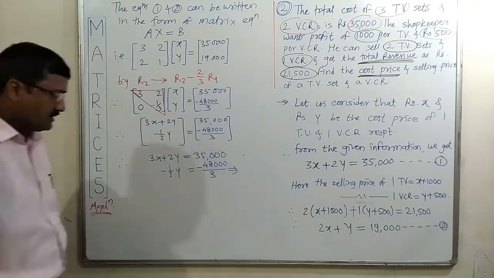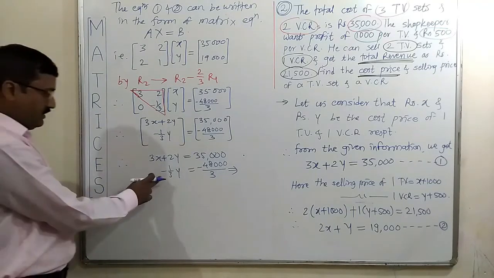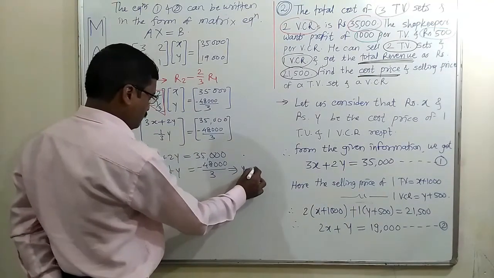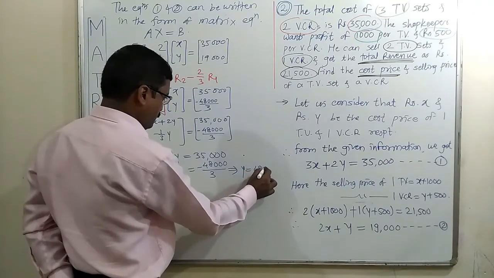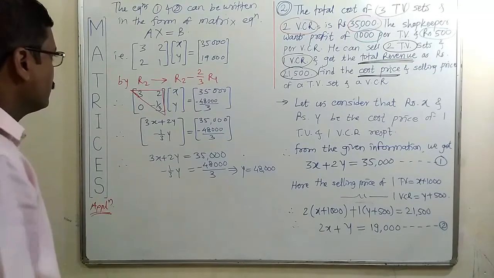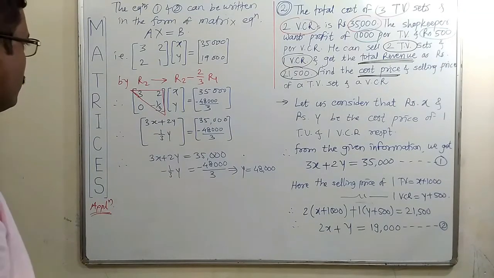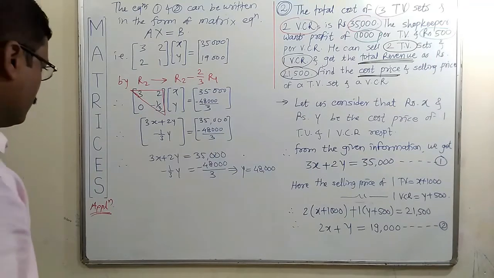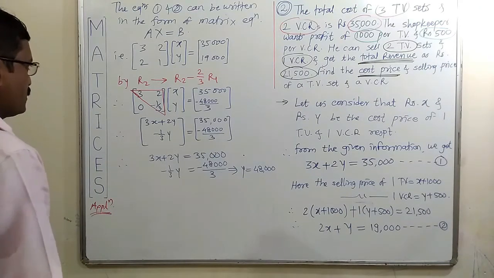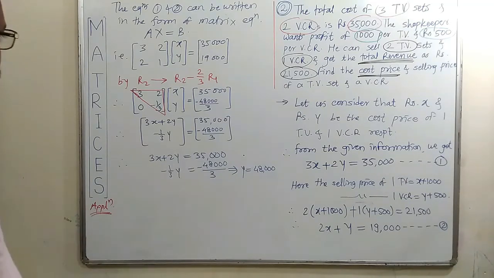Cancelling minus 1/3 on both sides, we get y equal to... something wrong, I think.